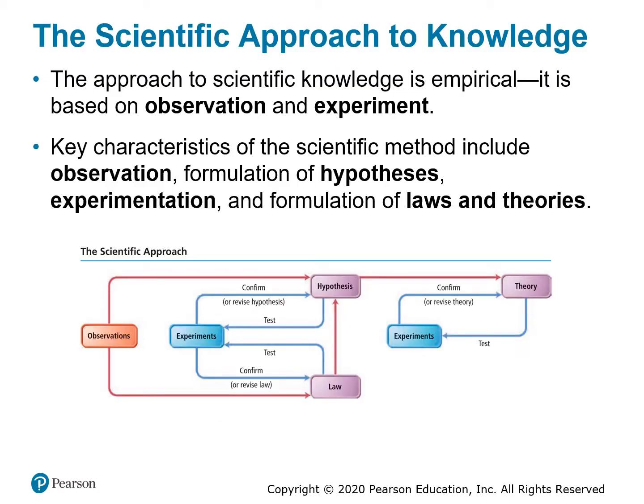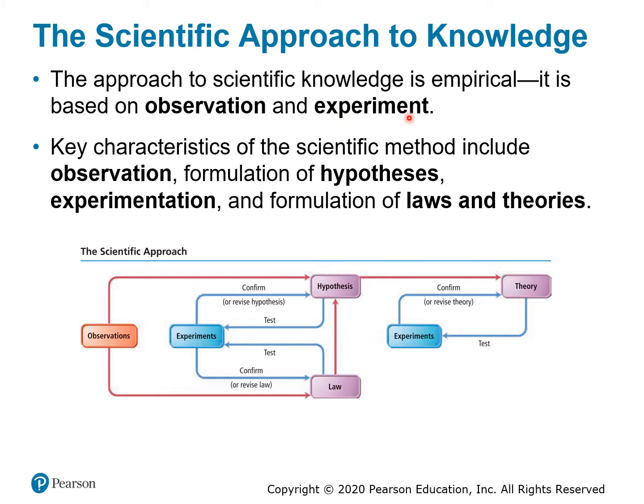So now we're going to talk about the scientific approach to knowledge, and here is a schematic to explain it. The approach to scientific knowledge is empirical. What it means is it has two aspects: it's based on observation and experimentation.